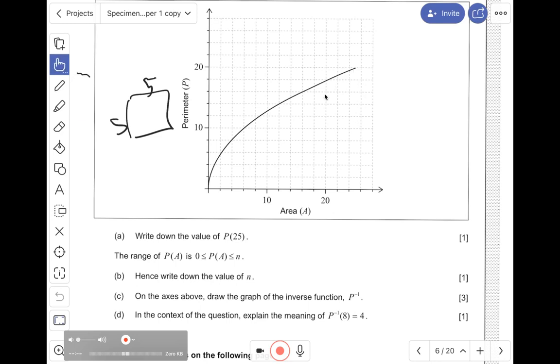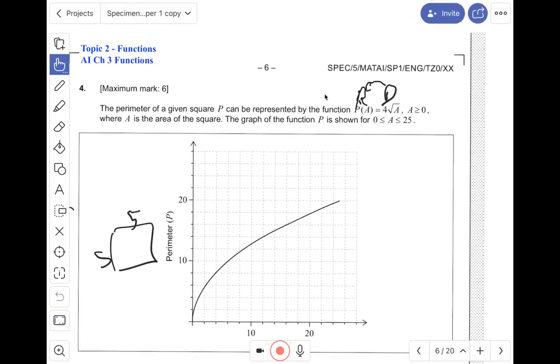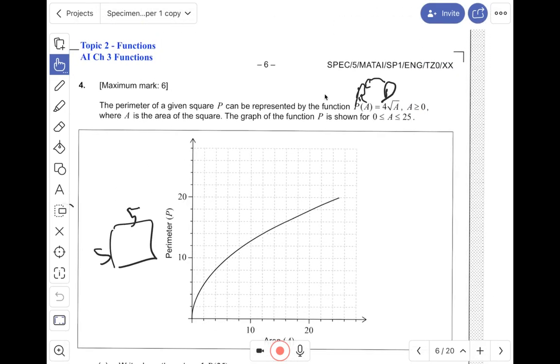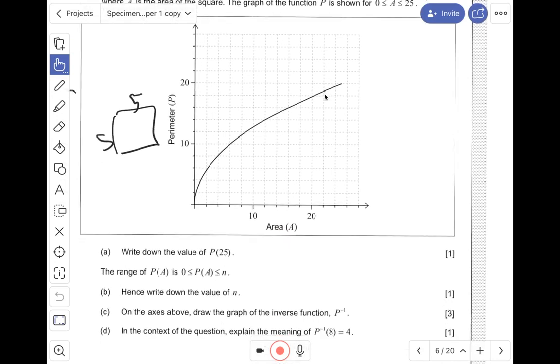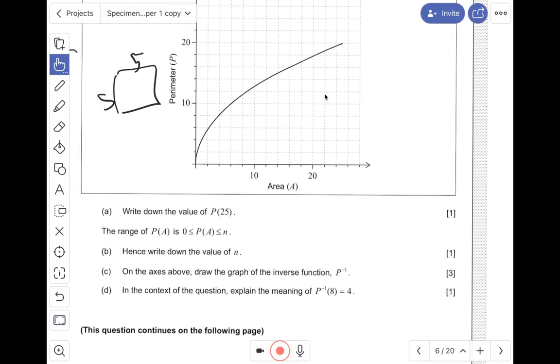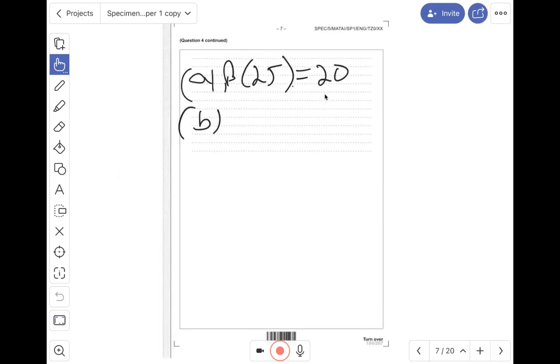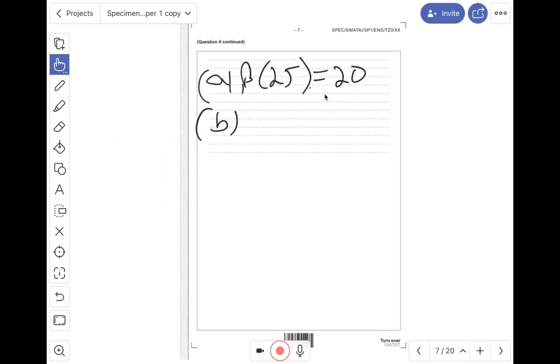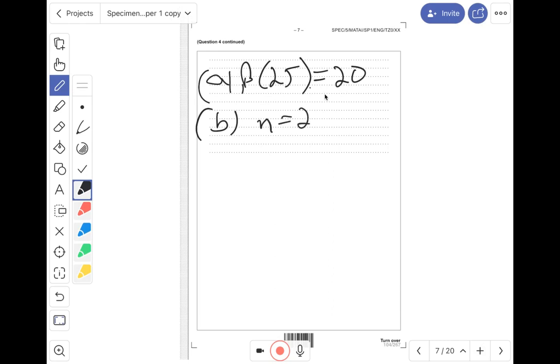That is basically what n is going to be. Okay, the area goes to 25. The perimeter goes to 20. And you can just write 20 or n equals 20.